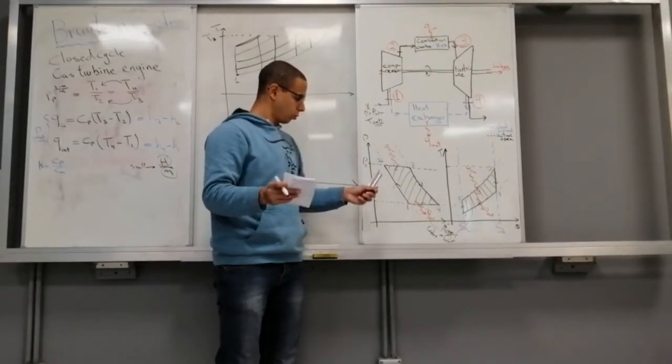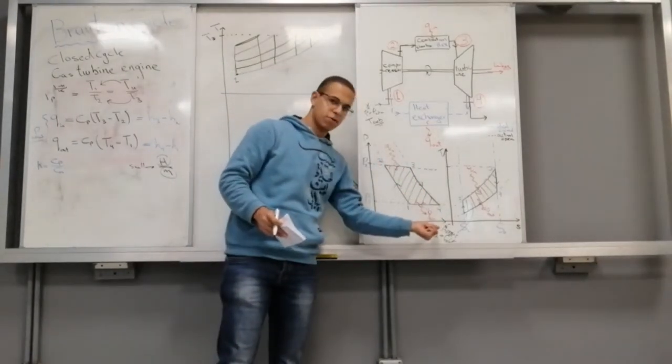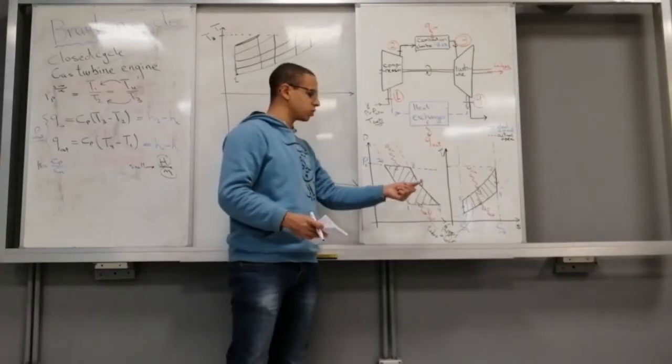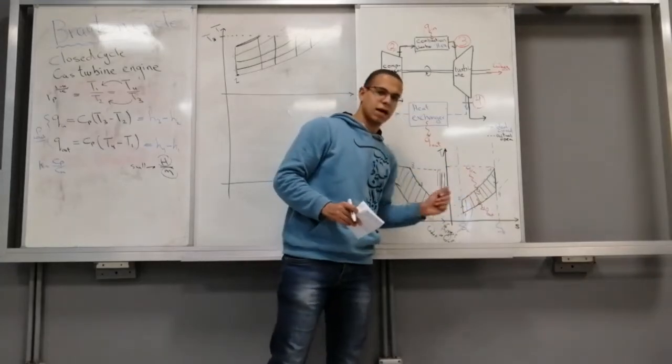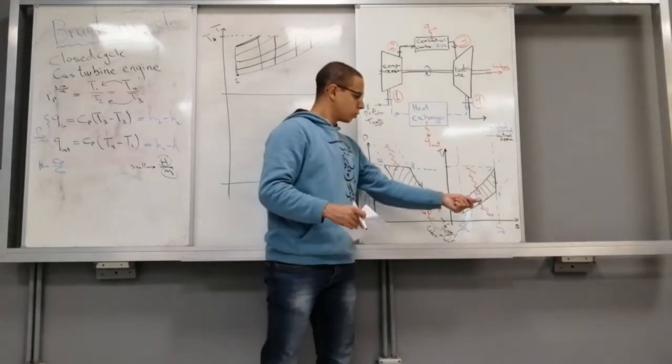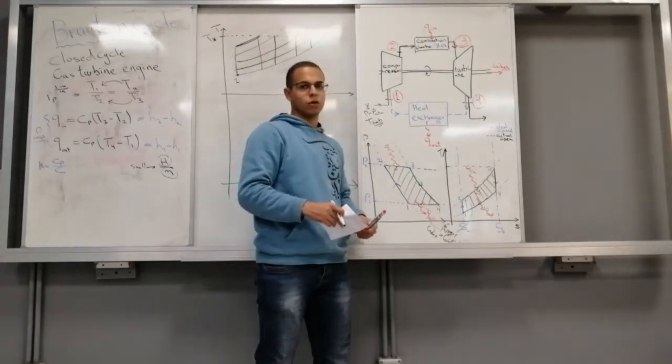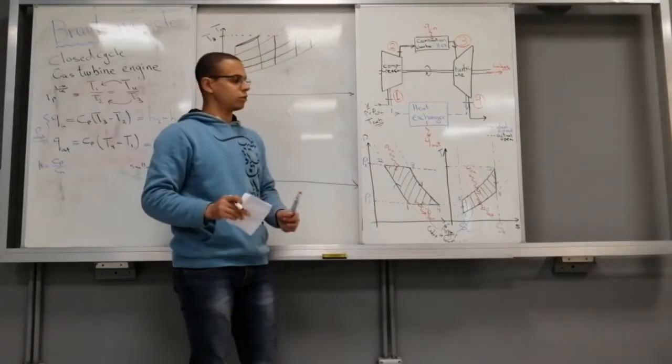We are all convinced with this, that the area included in the PV diagram for a reversible ideal process is the work output. And on the TS diagram, from the second law, we know that this area included is also the Q, whereas there is no entropy generation.